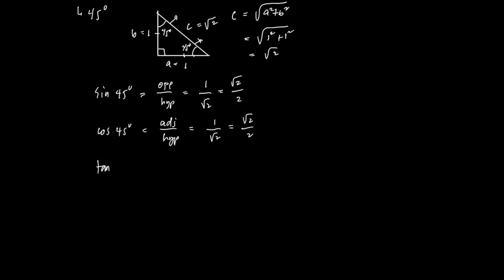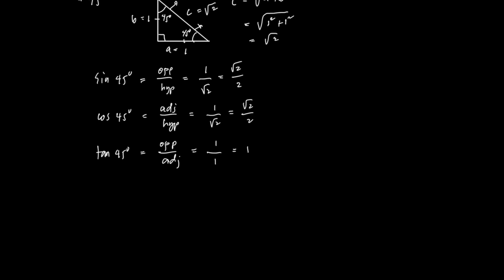Now for the tan 45 degrees, we have opposite over the adjacent side, and the opposite side is 1 and the adjacent side is 1. So tan 45 degrees is 1. Also, the reciprocals of these functions are the cosecant 45 degrees, which is the hypotenuse over the opposite side.